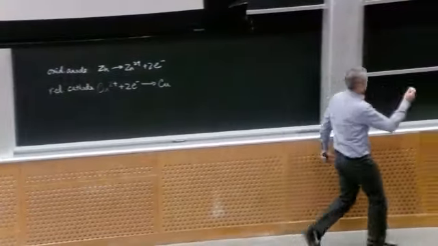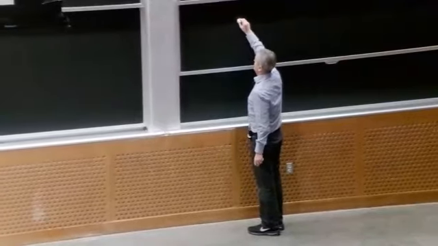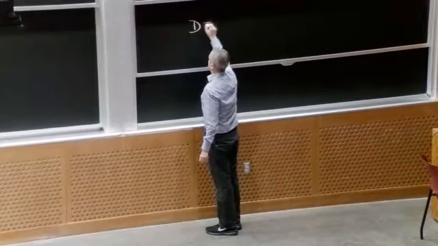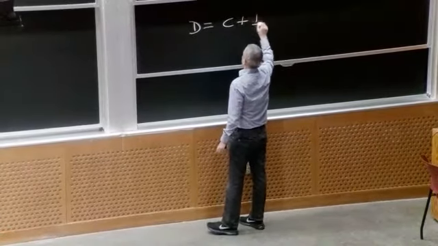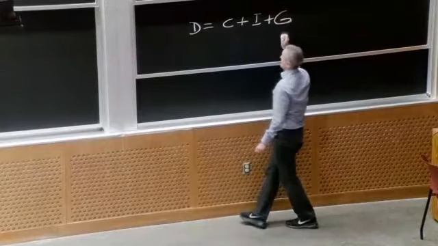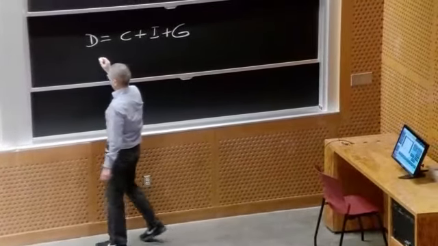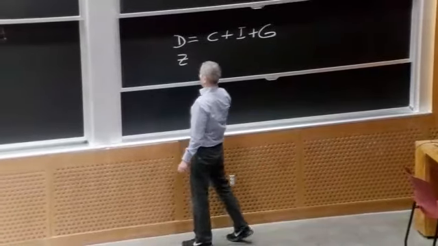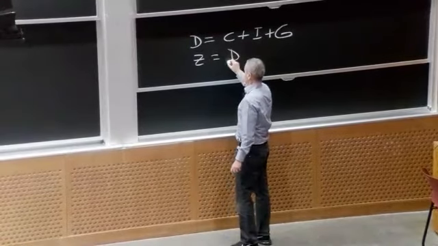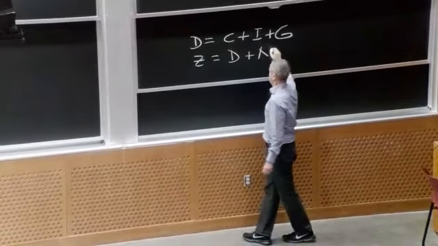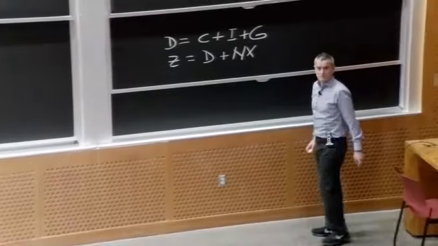Remember that we started from the demand, which was C plus I plus G. That's the domestic demand for goods. We went to Z, which is equal to demand plus net exports.